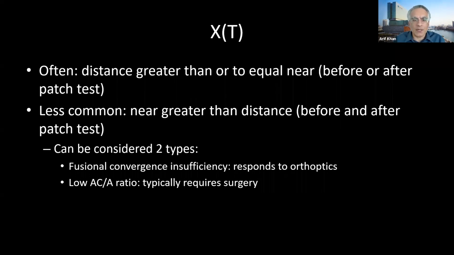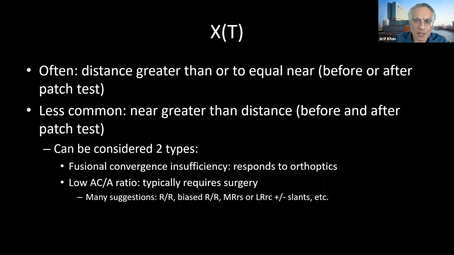So when we talk about convergence insufficiency intermittent exotropia, we have to distinguish: is it fusional convergence insufficiency or low ACA? Now, there have been many suggestions about what kind of surgery to do for this low ACA ratio exotropia. Some people say to do recess-resect. Some people say biased recess-resect, which means doing more resection than normal and less recession than normal.